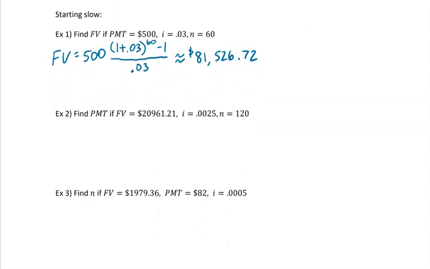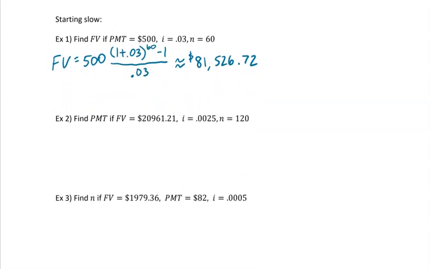All right, so if we go ahead and use that second equation, we have PMT equals FV, which is 20,961.21, I on top, so 0.0025, over 1 plus I, so 1 plus 0.0025, raised to the N, which is 120, minus 1.